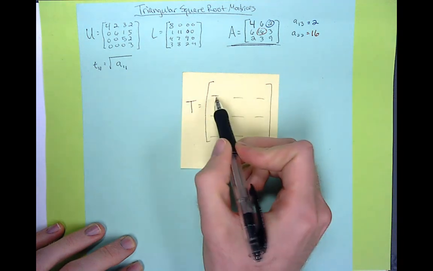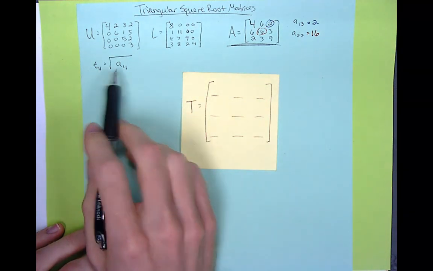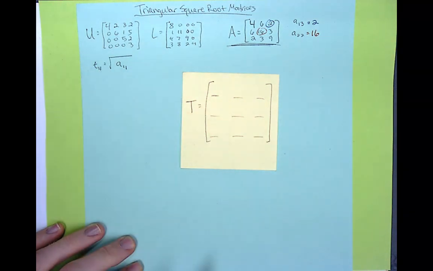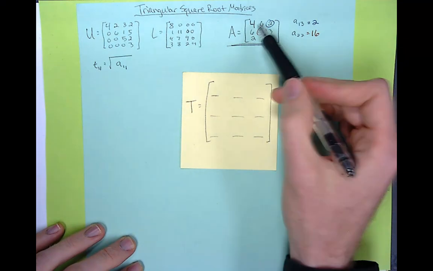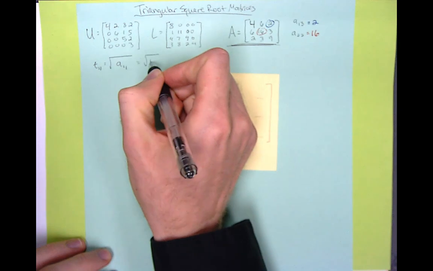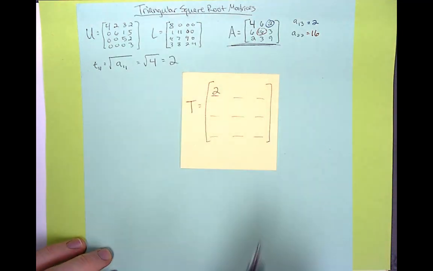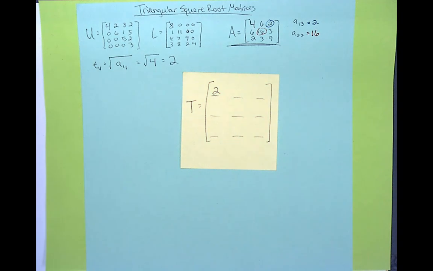The first one is T11, which is the square root of A11, which is 4. So the square root of 4 is 2, so that will go right there. This is easy, but it gets a little harder.